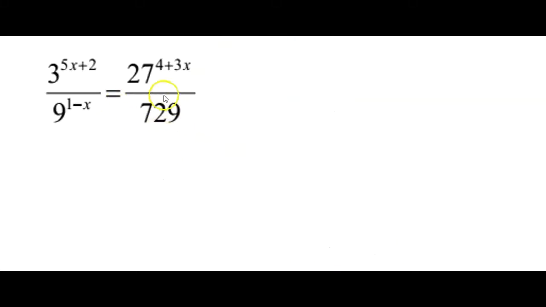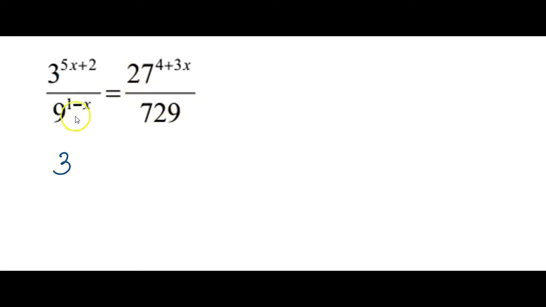This is the third example. To solve this indices problem, I'm going to simplify the left-hand side and the right-hand side separately first, because what I can see is the 3 and the 9 can both be in base 3, and 27 and 729 are also the same.